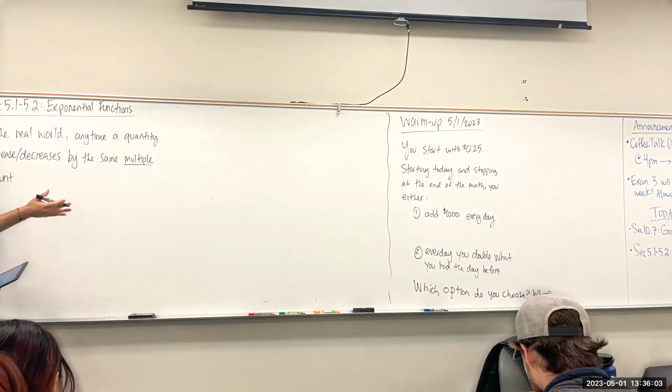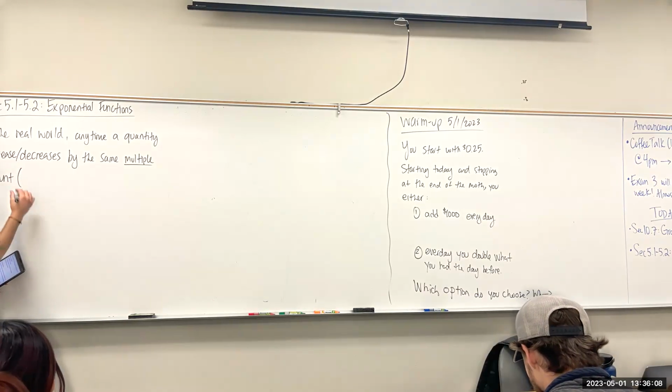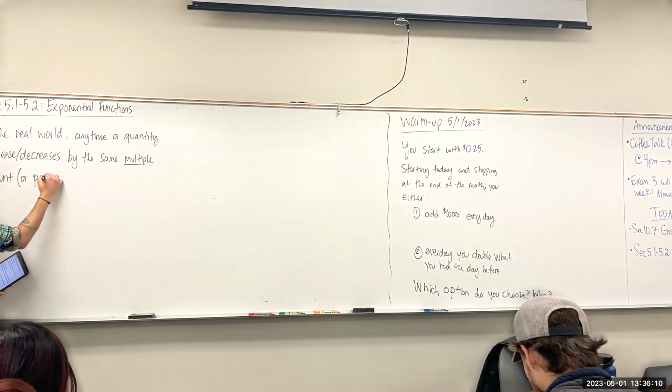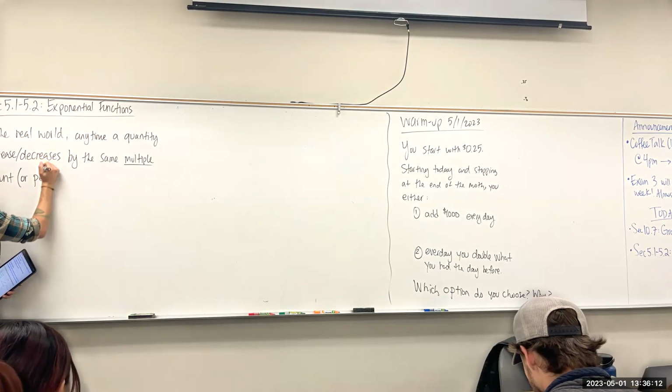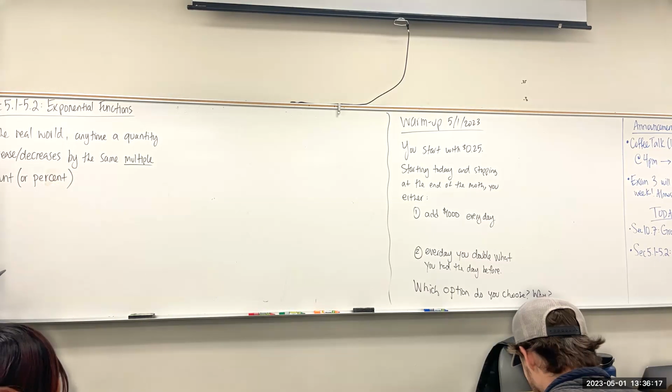So like doubling, tripling, things like that. When this happens, what's also happening is you can say you're increasing by the same percent. When I increase something by the same percent, I'm increasing it by the same multiple amount. Okay.